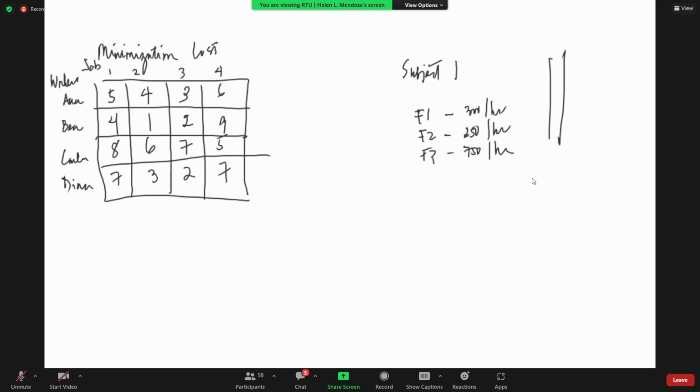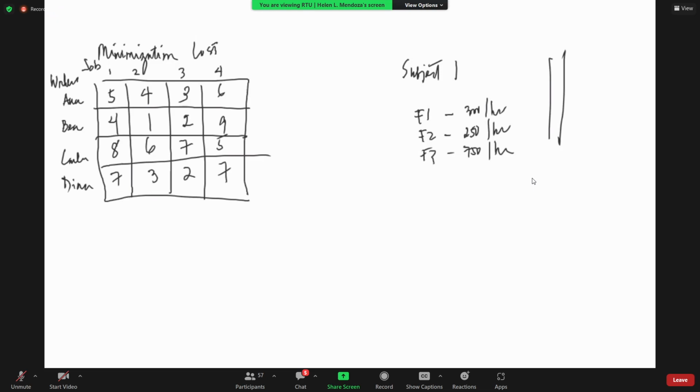Okay. Supposing these jobs, similar to one we discussed earlier, the intersection of these jobs with that of the workers, that is, for instance, if you would be assigning Anna to job 1, or if you would give job 1 to Anna, cost is 5. Supposing this is in 100, so that means 500 per hour.